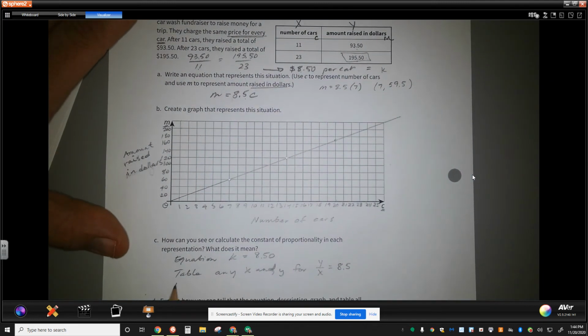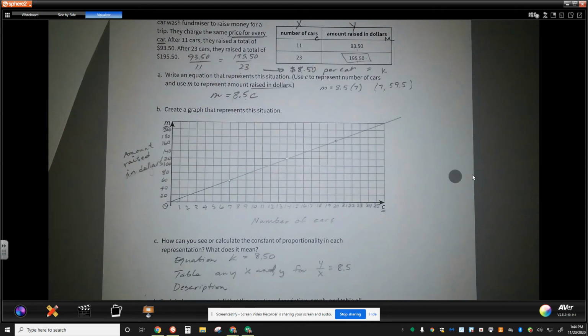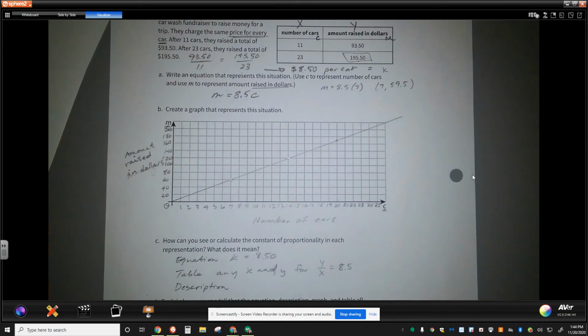In the description that we're given, right inside here, we see the same type of idea right here, where we could do the money raised in dollars per car. And we found that just by doing division.